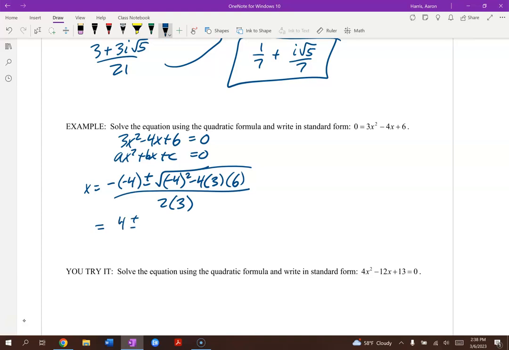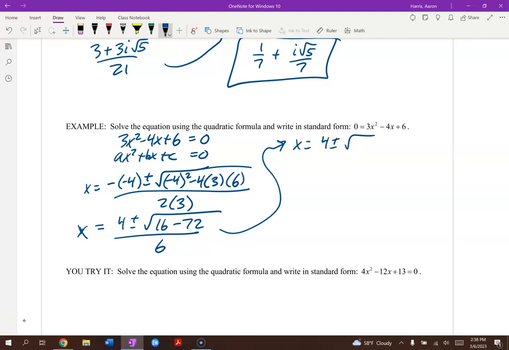So we got 4 plus minus, I got 16. What's that? Minus 72 over 6. So we got, let's see, 16 minus 72, negative 56.